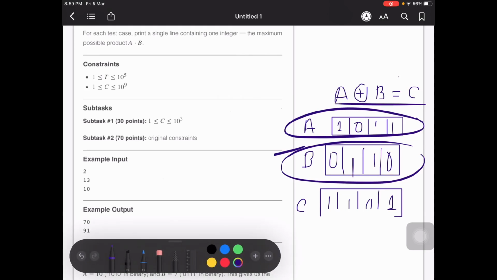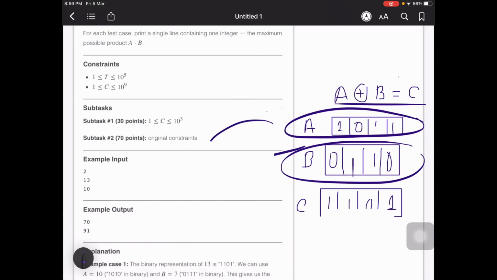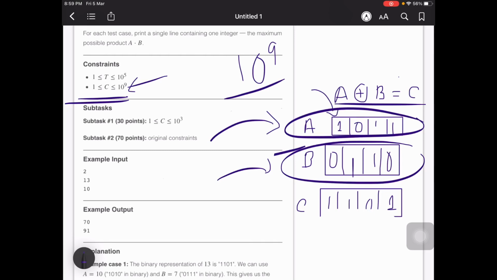But all I'd say is, you have to, without even calculating all the possible permutations of a and b, because the c given can be really large, like 10 to the power 9. If we are individually finding bits of particular blocks, it is going to be really difficult, because that will be 2 to the power of 32 permutations, and it would cause a TLE to our solution.